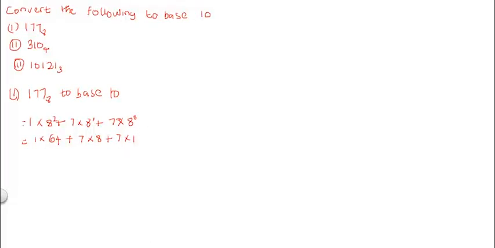Then you have 64 plus 7 times 8 is 56, plus 7 times 1 is 7. So summing that number up, we have 127 in base 10. So that means that the equivalent of 177 in base 8 is 127 in base 10.